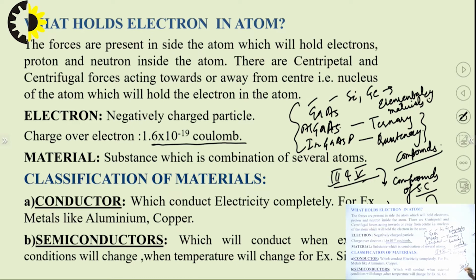These three can be formed with the help of gallium arsenide, aluminum gallium arsenide, indium gallium arsenide phosphide, and so on. On the basis of classification of material, we have divided the materials into three types.